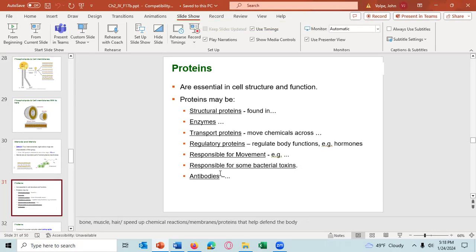So they help defend the body. Any question about proteins? Well, hopefully you've seen that proteins are very diverse and they have a large number of different functions in an organism.